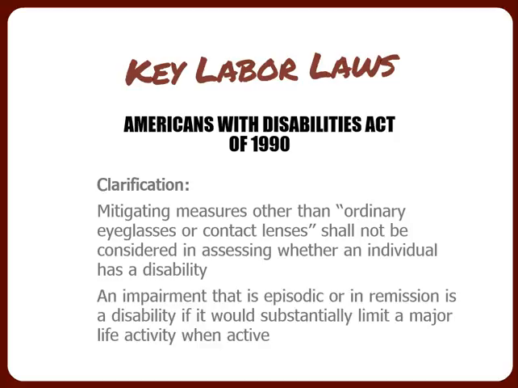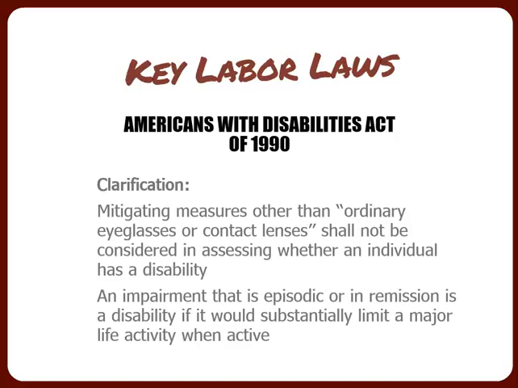An impairment that is episodic or in remission is a disability if it would substantially limit a major life activity when active. So what this means simply is that if a disability is being treated, it is still considered a disability, even though the symptoms may be under control. We need to keep this in mind.